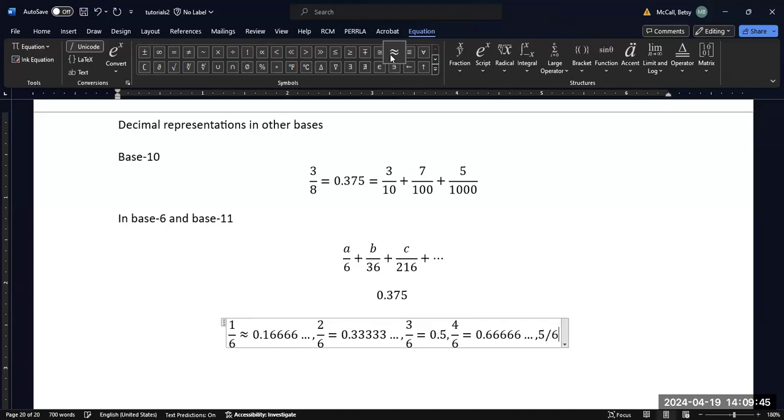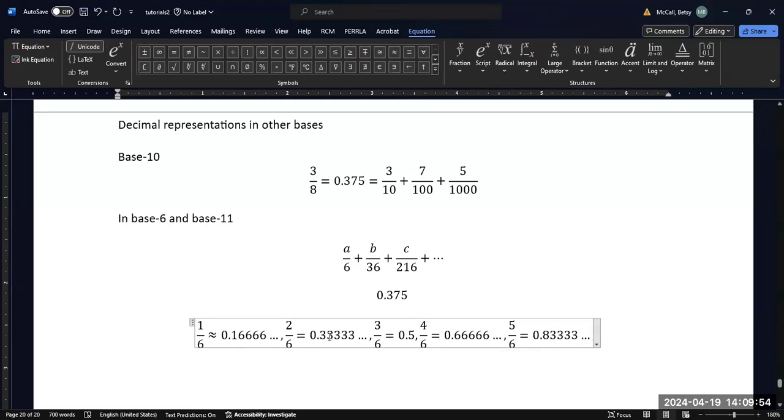And then 5/6 is 0.833333. So those are our options. 0.333 is clearly smaller than 0.375, and so that's where we're going to go with this. So we're going to essentially have 2/6 as our decimal form plus some remainder.